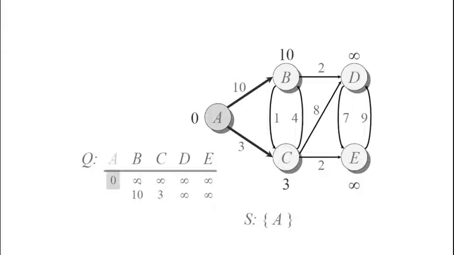Based on this, you can see that from A to B it is 10 and A to C is 3. Now these are the set from A, the source here. From there, the minimum is 3 compared to 10, so we choose A to C with 3.